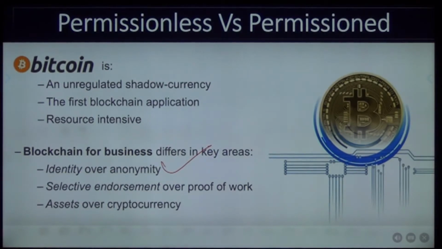But in a permissioned blockchain, identity is central. Because why? Because it is permissioned. Unless you reveal your identity, I may not allow you to be part of the network. Even if you have a valid identity, this is another interesting thing.